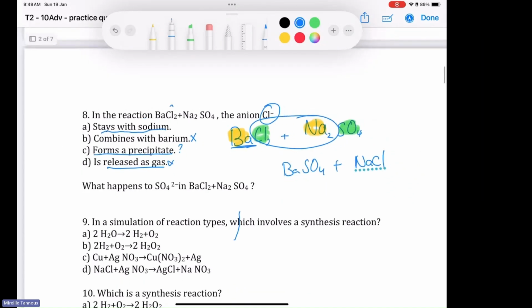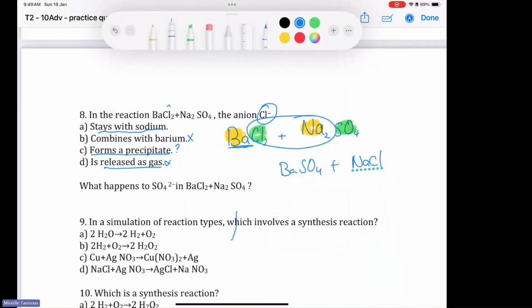In the solubility rules, which will be given to you, you will check and you will see in the solubility, it's written that any compound containing an Na without any exceptions is always soluble, and soluble means aq.